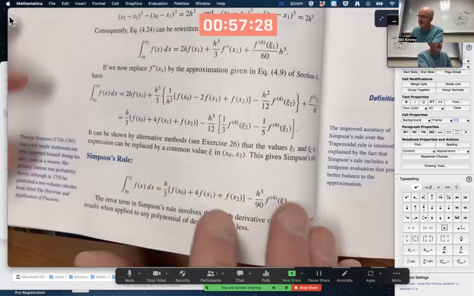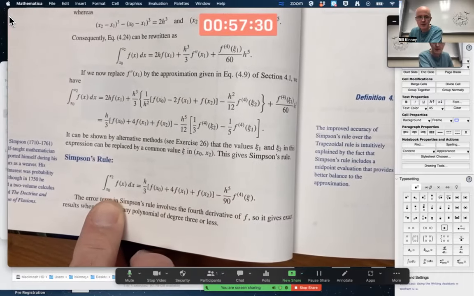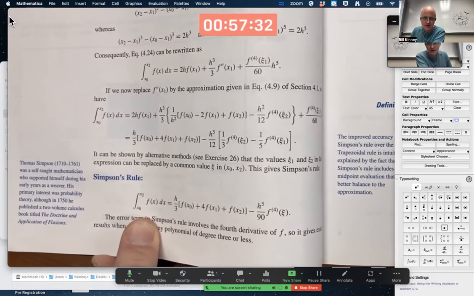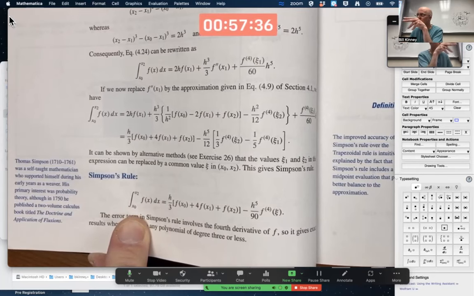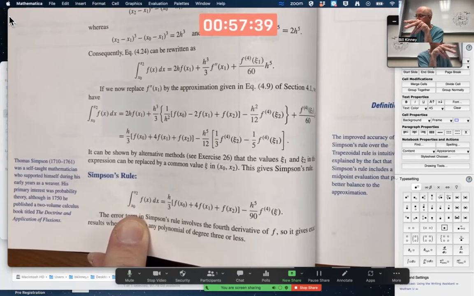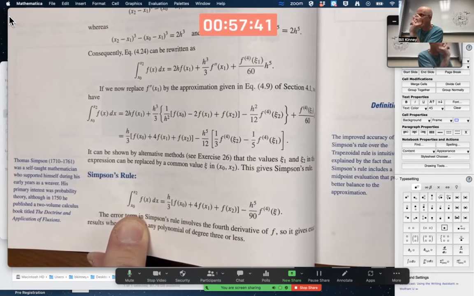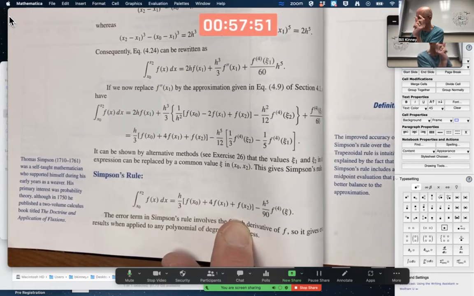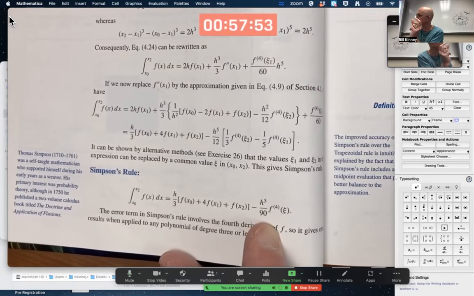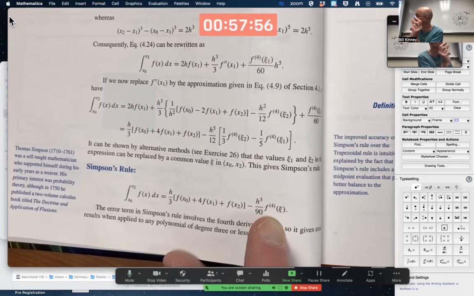For an integral of your function from a node x0 to another node x2, with a third node x1 between x0 and x2, and h being the distance between x0 and x1 and also between x1 and x2, Simpson's rule says this integral is approximated by this expression and then that error term, where that's a fourth derivative.